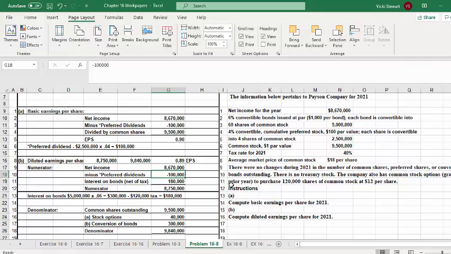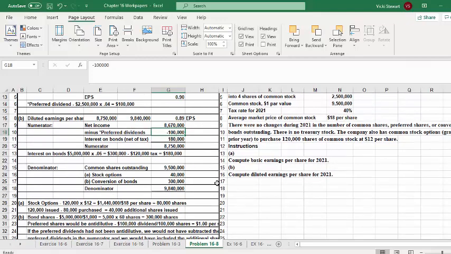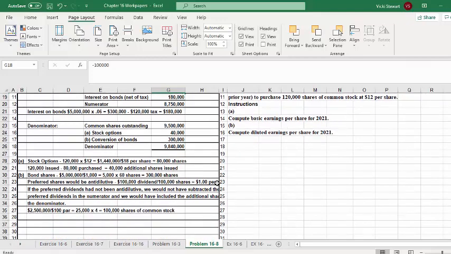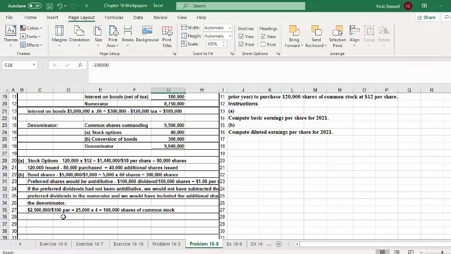But first we have to determine, is the preferred stock dilutive or anti-dilutive? So we know that the numerator effect is 100,000, but we need to calculate the number of shares that would be issued if the convertible preferred were converted.